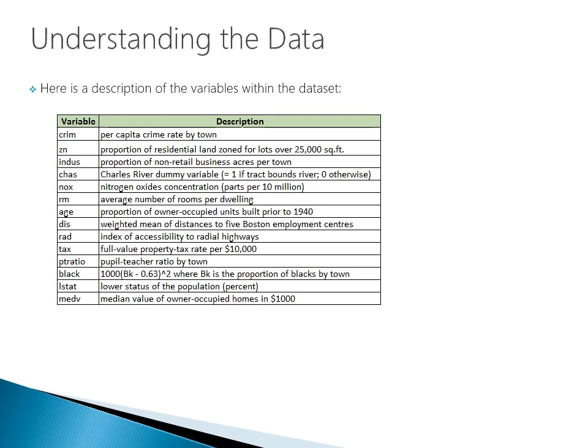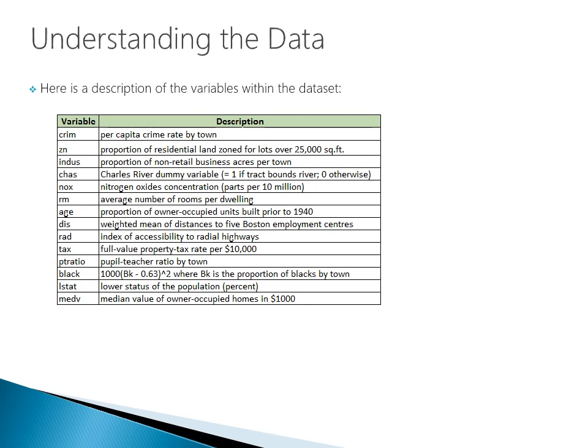We have an indicator variable concerning a river, whether or not you're close to the river. We understand some pollution components, and then some characteristics of the actual houses themselves, so the number of rooms per dwelling. We understand an age variable, and so on and so forth.